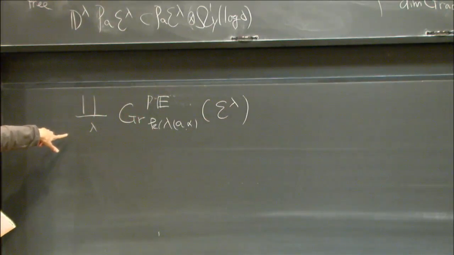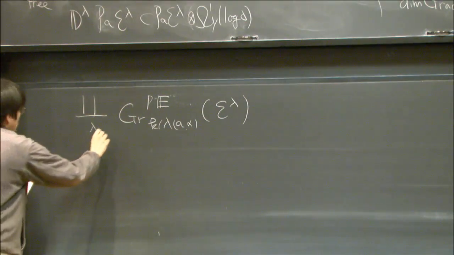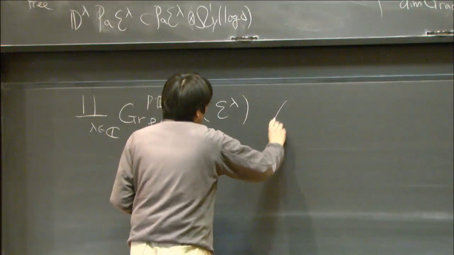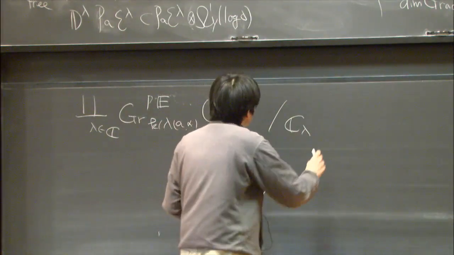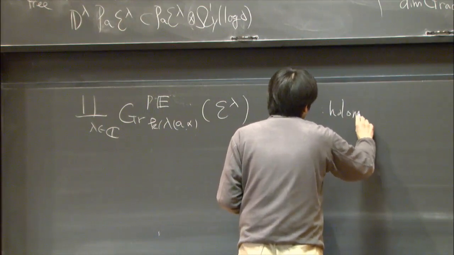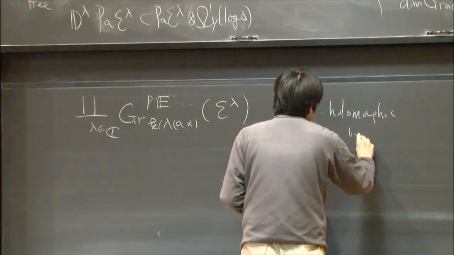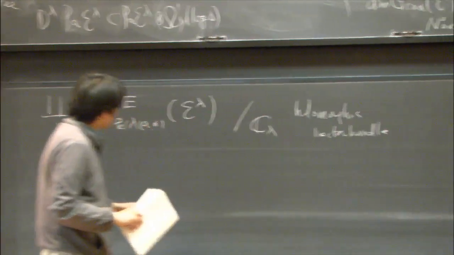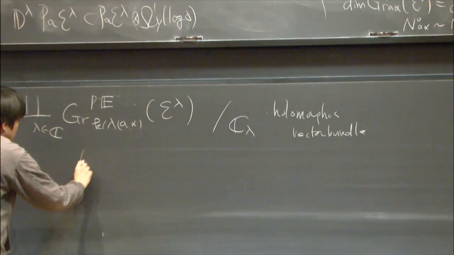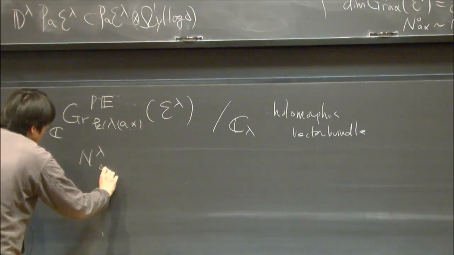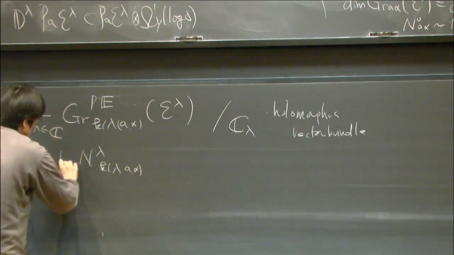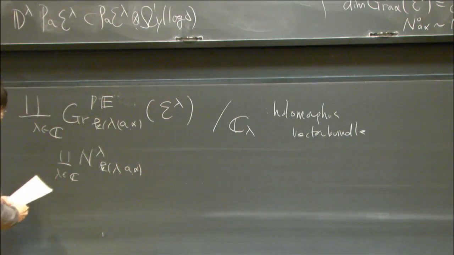So by considering all lambda, this gives a harmonic vector bundle on C lambda, and N0 A K lambda A alpha gives a nilpotent endomorphism here.